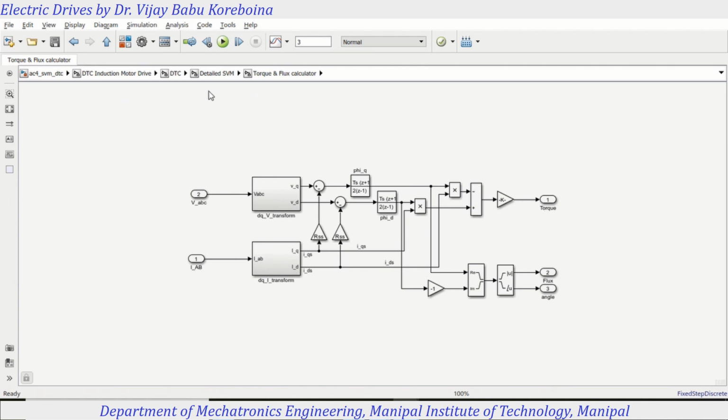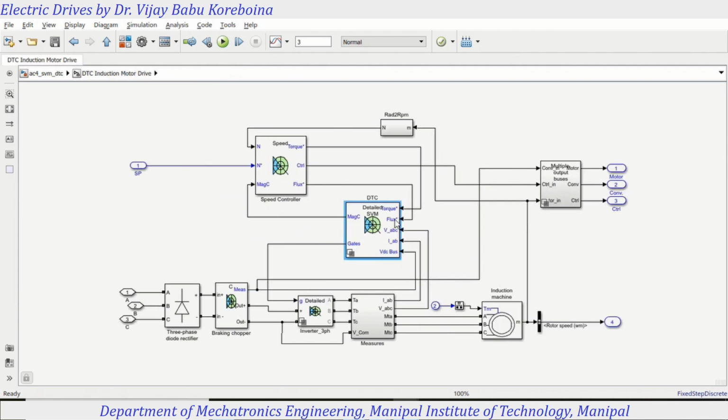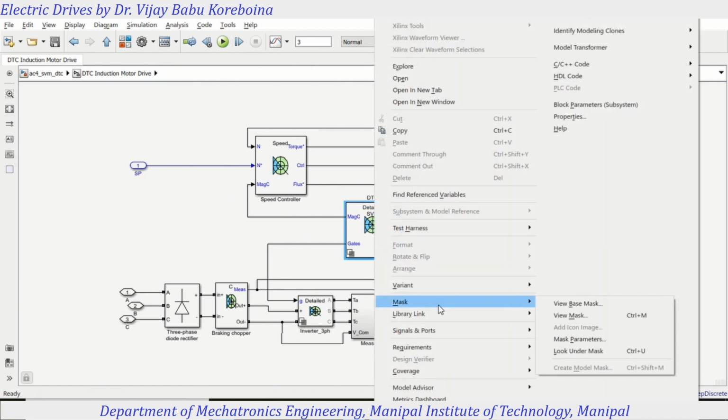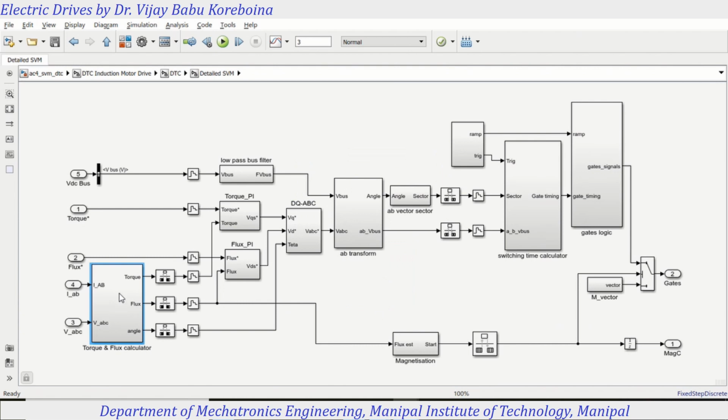Once the torque and flux have been calculated, the torque reference is going to come. The actual torque that has been estimated will be processed to control IQS.